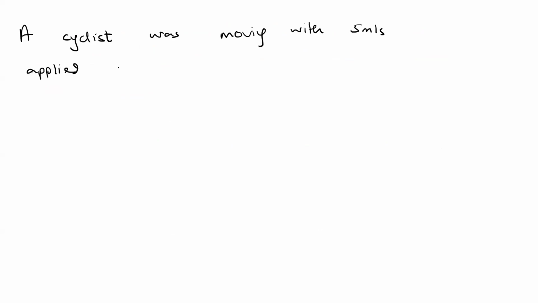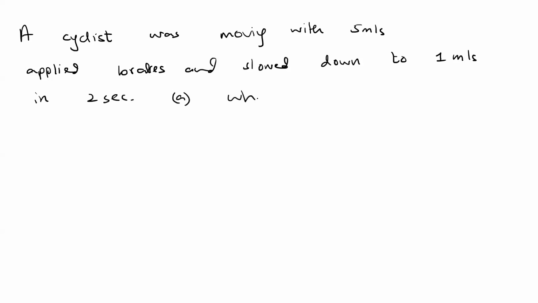So let's say there is a question that says a cyclist was moving with 5 meters per second, applied brakes, and slowed down to 1 meter per second in 2 seconds.